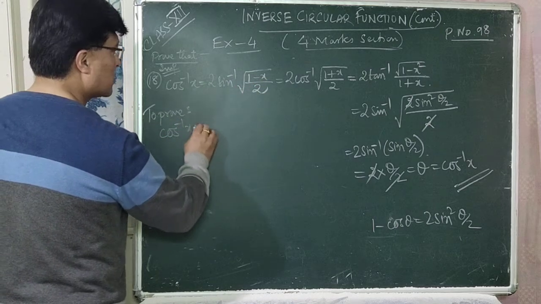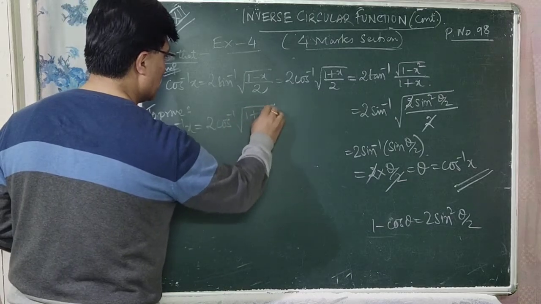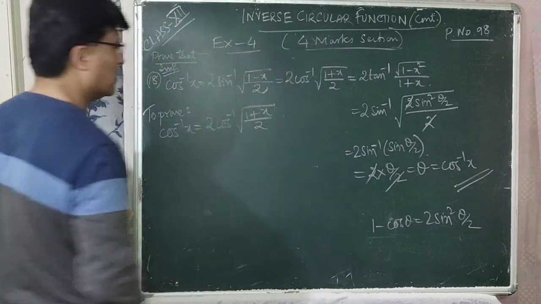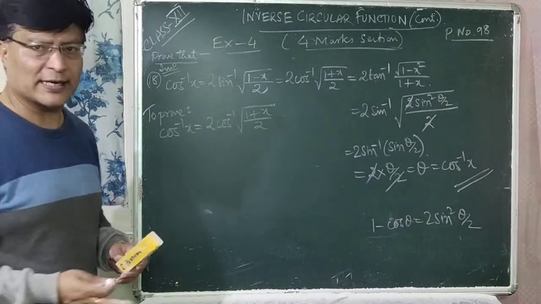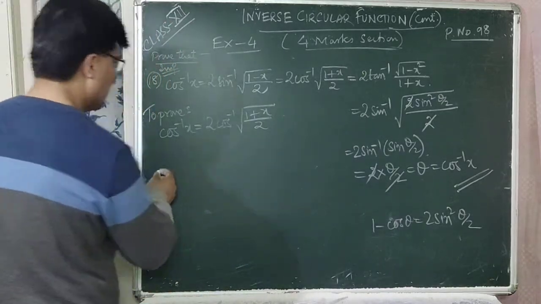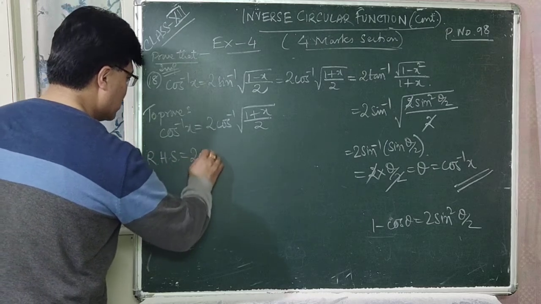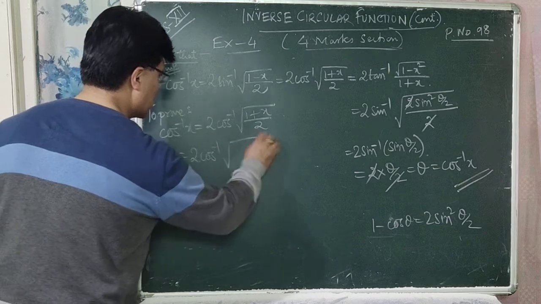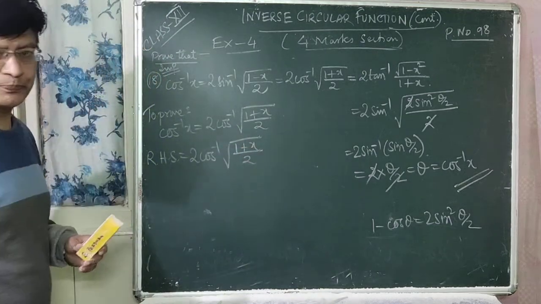So cos inverse x is equal to 2 cos inverse within square root 1 plus x whole divided by 2. So in this case also prove it from right hand side. Okay. So now RHS is equal to 2 cos inverse within square root 1 plus x whole divided by 2.